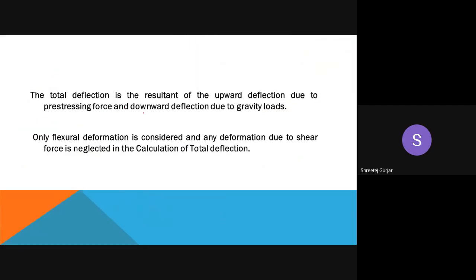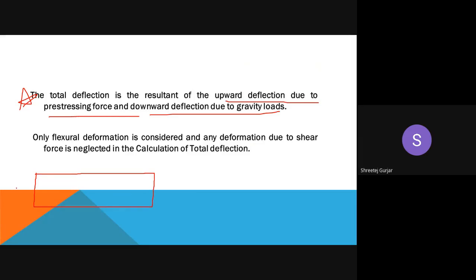So the total deflection is the resultant of the upward deflection due to pre-stressing force and downward deflection due to gravity loads. Let me explain what this statement tells you. There is upward deflection because of a pre-stressing force, right? So consider this as a beam. I'm showing you a longitudinal section. Consider this line as your neutral axis.